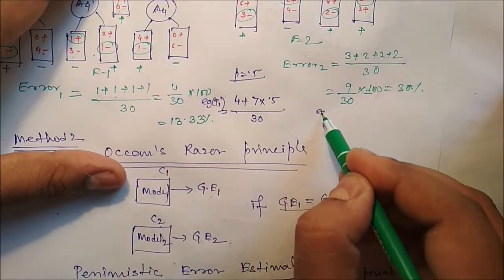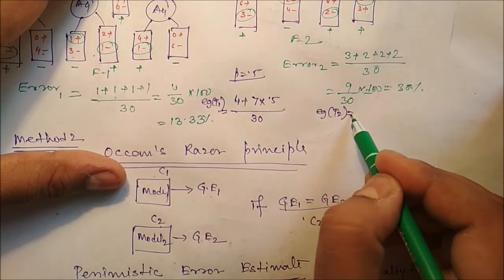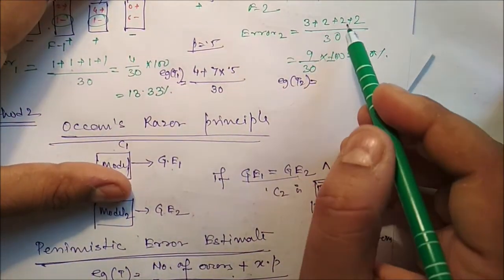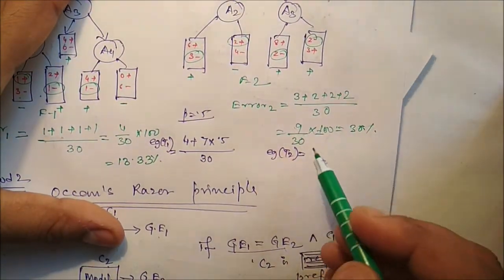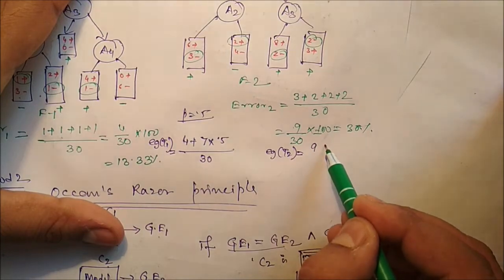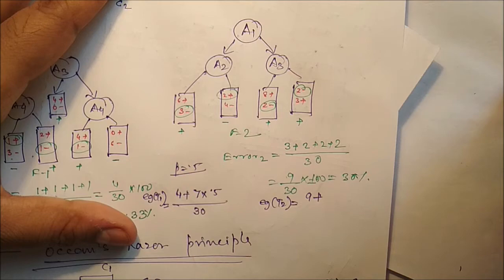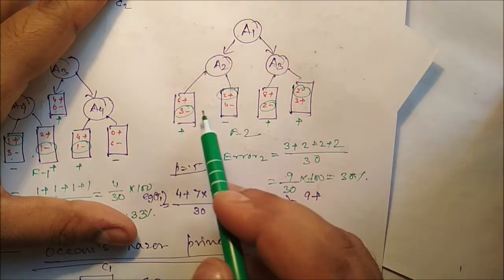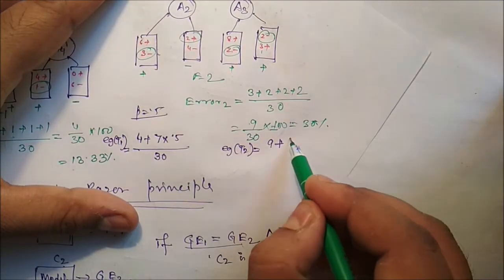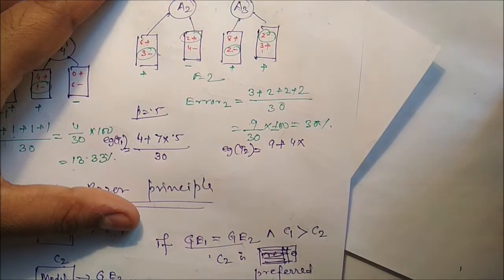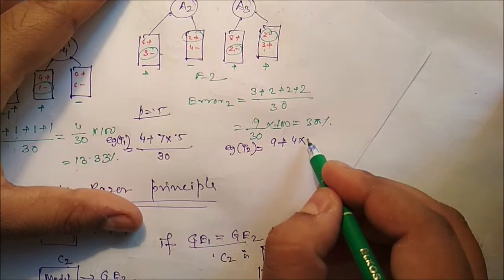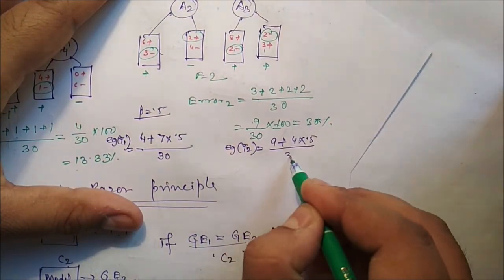Similarly for EGT2, the total number of errors is 9, plus the number of output nodes, 1, 2, 3, 4, so 4 into the penalty, assuming 0.5, divided by the data.